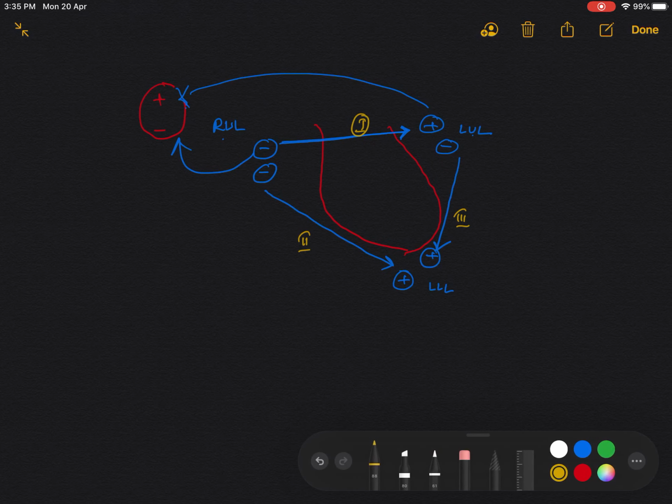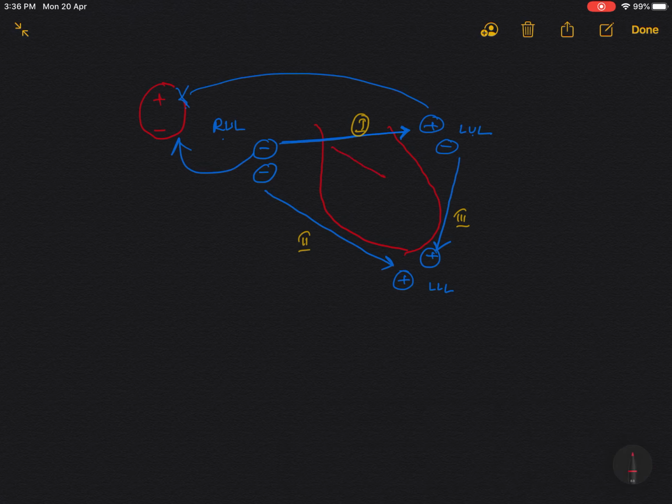If we see the net atrial depolarization vector, it will be directed like this. So it will be parallel to lead 2. So lead 2 will show the maximum deflection, and that will show the deflection of atrial depolarization, that is the P wave.